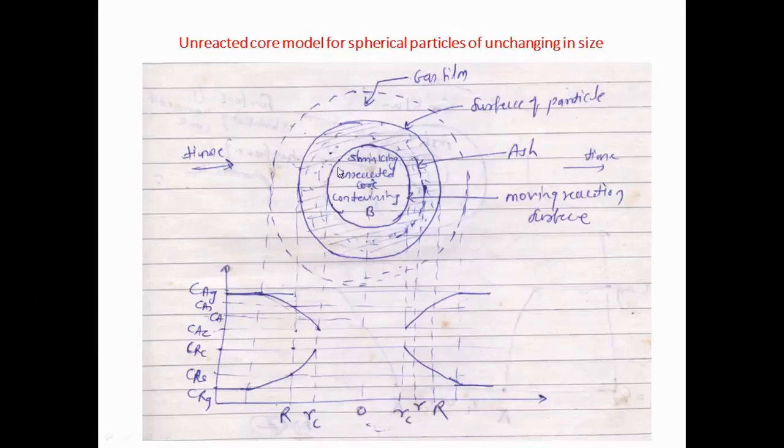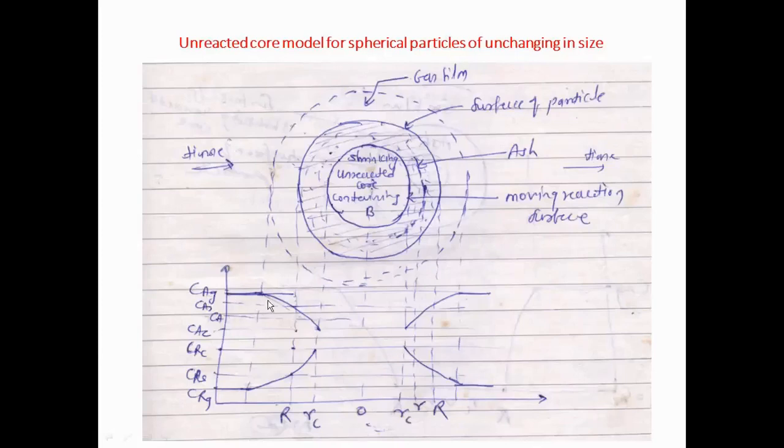Then A diffuses through the ash layer toward the surface of the unreacted core. This is called CAC, the concentration of A on the surface of the shrinking unreacted core of the solid particle.